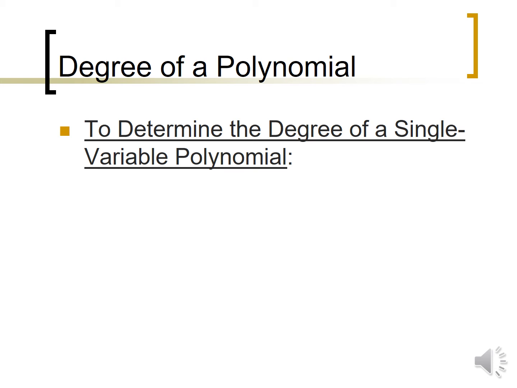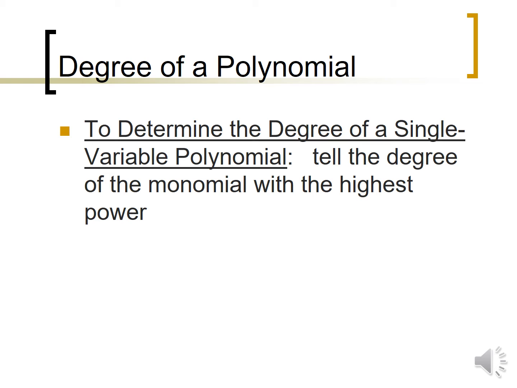Just like we have the degree of a monomial, we can find the degree of a polynomial as well. And again, we're just going to stick with polynomials that only have one variable in them. That's all we're going to have to be able to deal with. But to determine the degree of an entire polynomial, all we're going to do is look at each of the monomials and tell the degree of the monomial with the highest power.